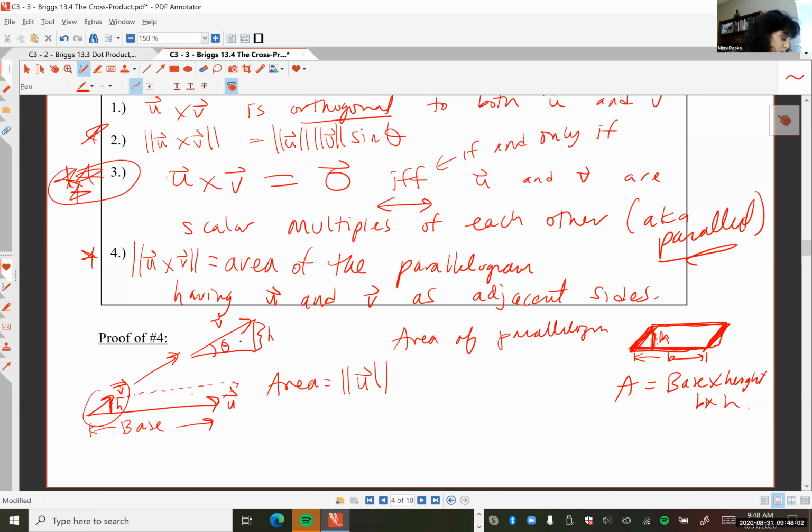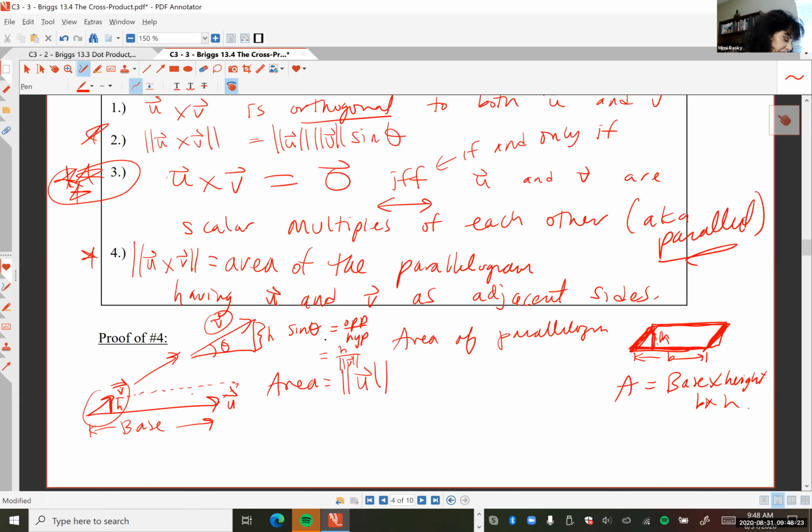If I know the angle between them, I can use a trig fact that sine theta is opposite over hypotenuse, where opposite is the H that we want, H over hypotenuse. But the hypotenuse is the length of V.